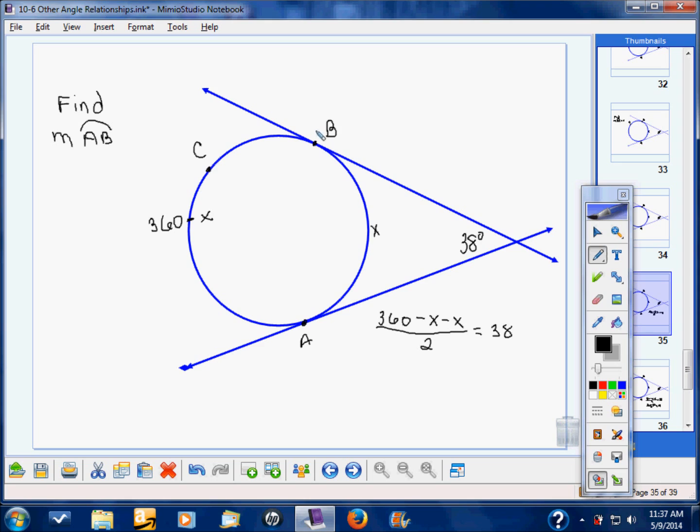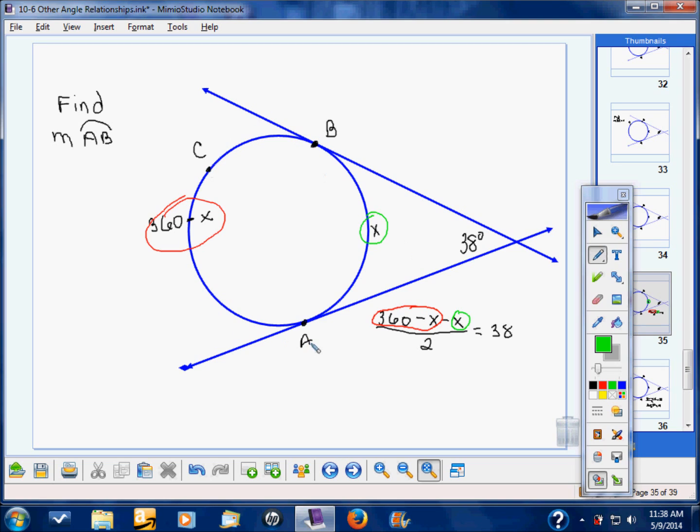From here all the way around to here is 360 minus x. And then we need to subtract the other one. So there's really two things: this arc minus this arc divided by 2 equals this number. So that's why there's 2 x's.